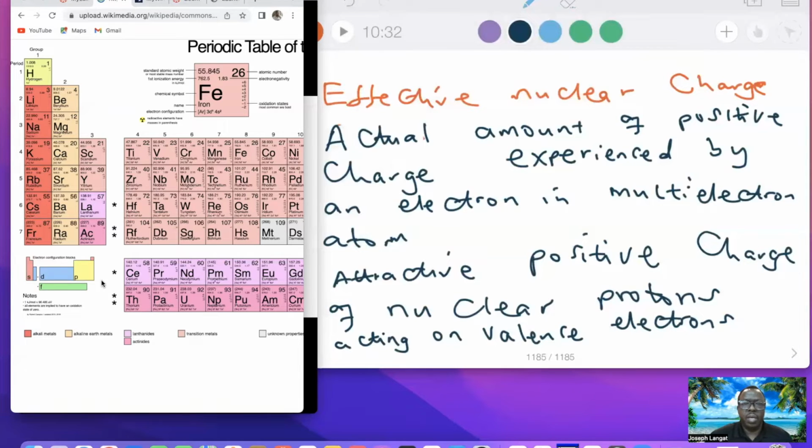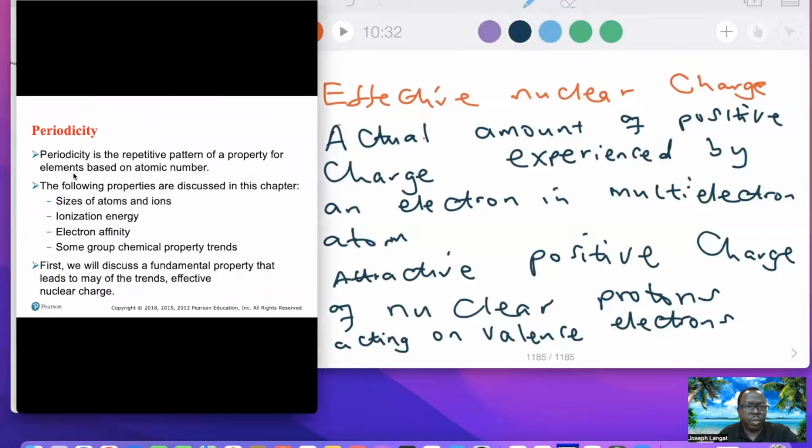So here is simply the definition: the effective nuclear charge is the actual amount of positive charge acting on the valence electron.